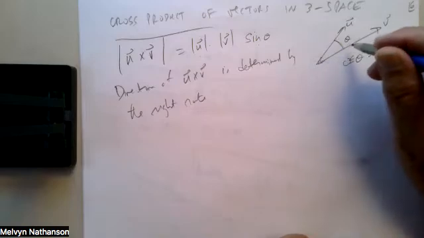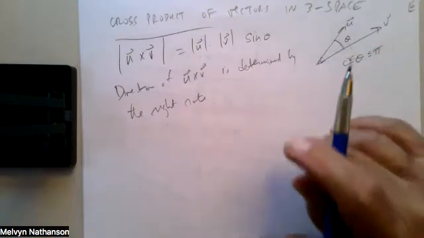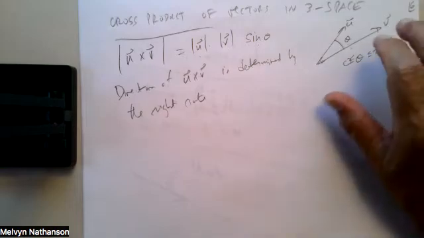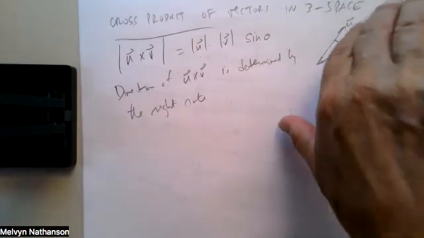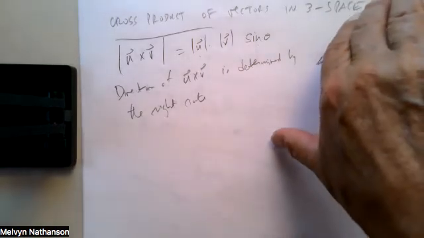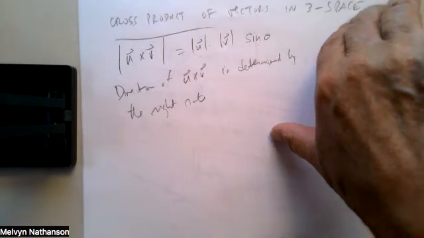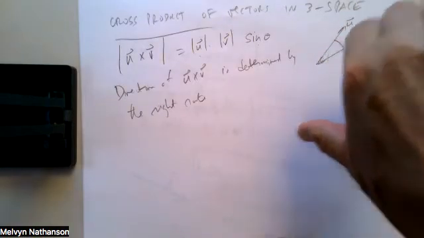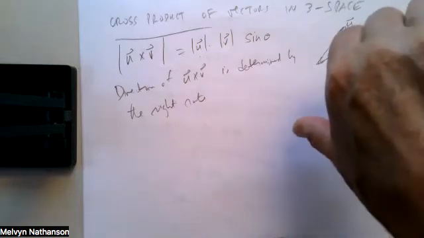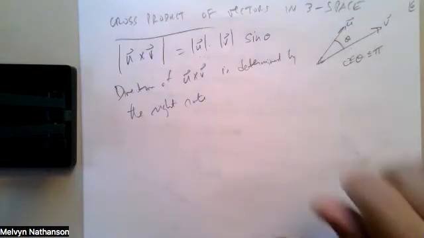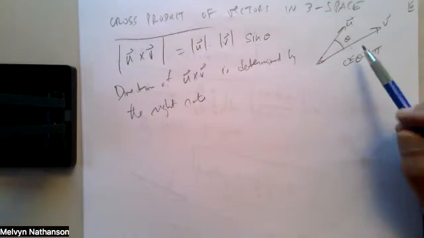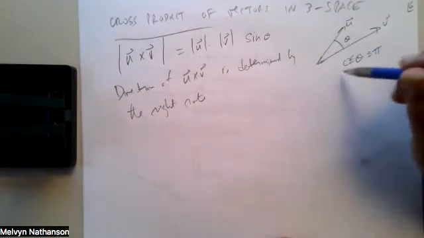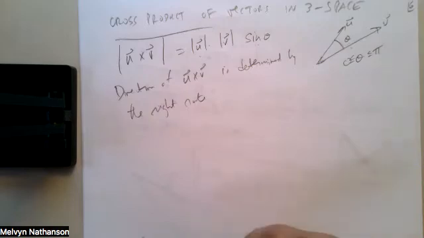The positive direction is determined by the right-hand rule. You place your right hand so your fingers are in the direction of u. You rotate it to v through an angle of no more than pi, and your thumb is pointing in the positive direction. In this case, the way I've drawn it, the cross product is a vector pointing down from the plane of my piece of paper.